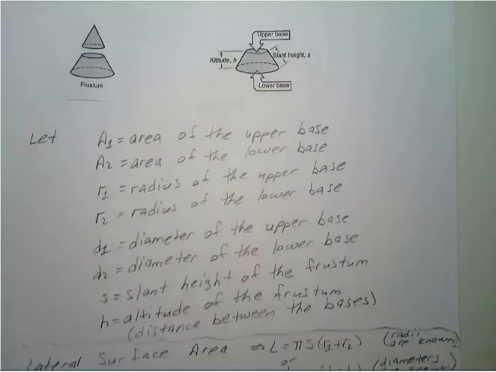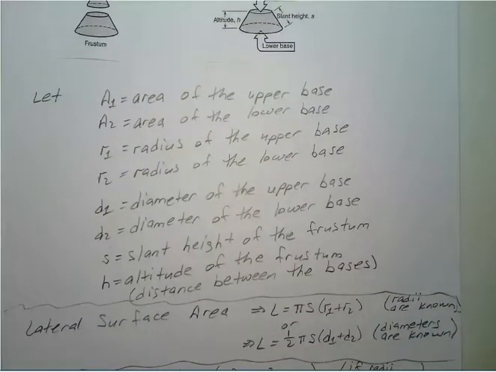All right, so we were looking for the lateral surface area. If we know the radii, okay, radii is just plural for radius. So if you have more than one radius, it's radii. Okay, so if you have your radii, you have pi times the slant height times the upper radius plus the lower radius.